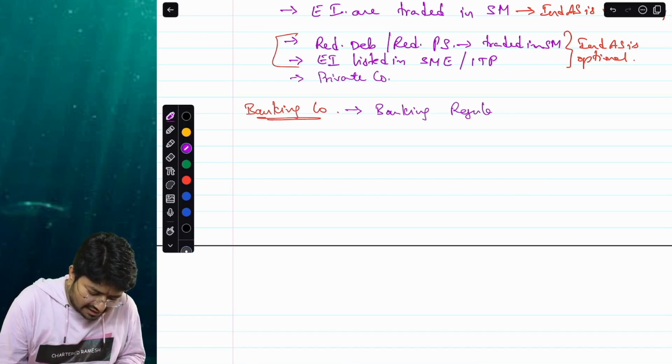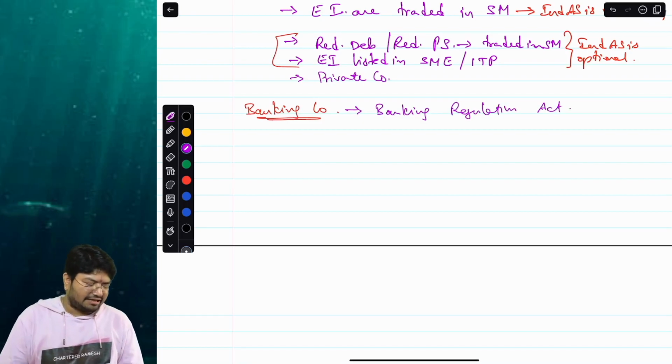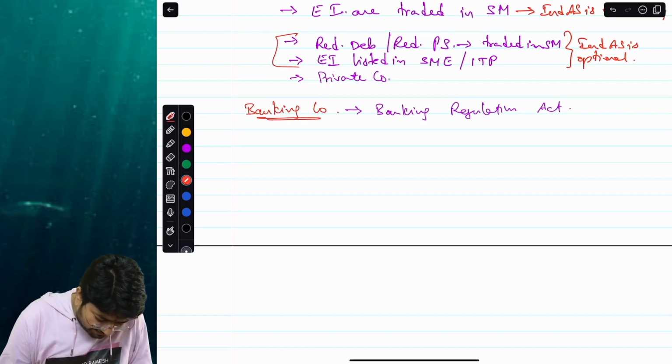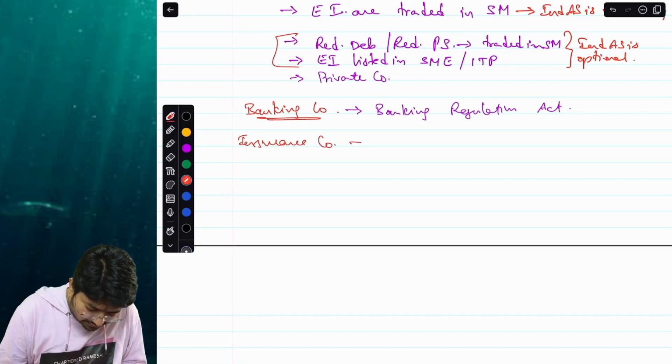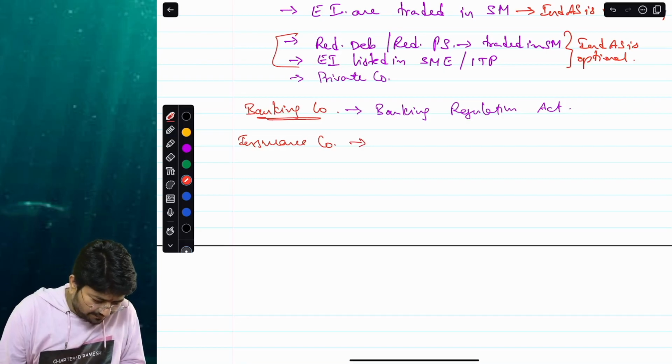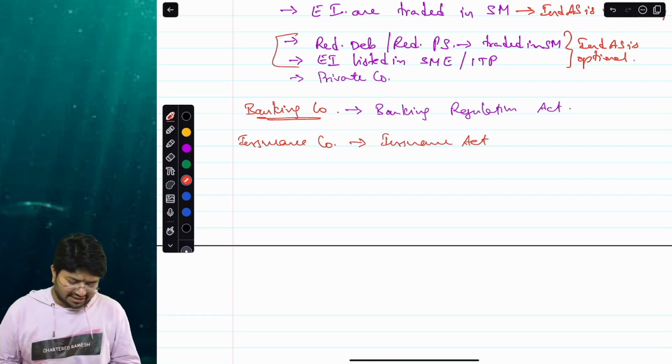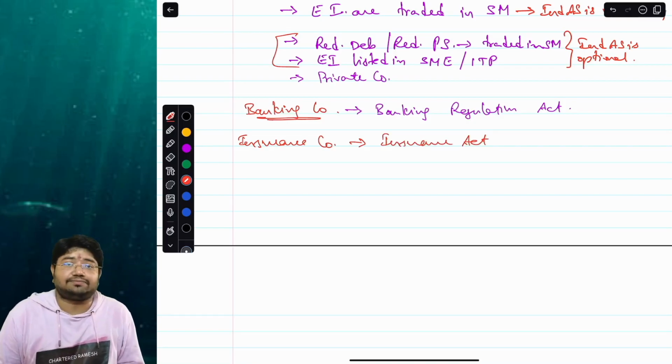Banking Regulations Act will tell whether a company is banking company or not. Same way with respect to insurance company. Okay, you have something called as Insurance Act that will tell whether a company is an insurance company or not.